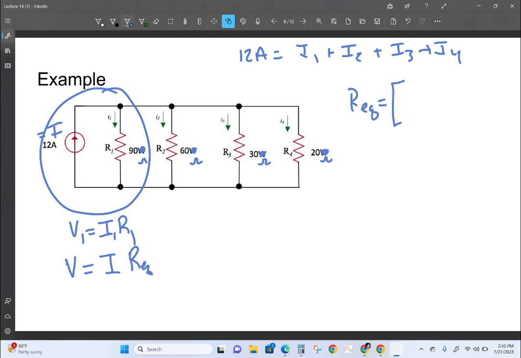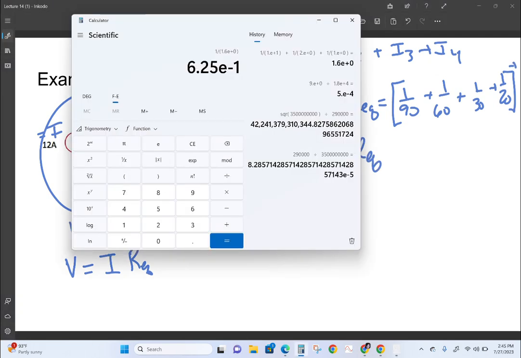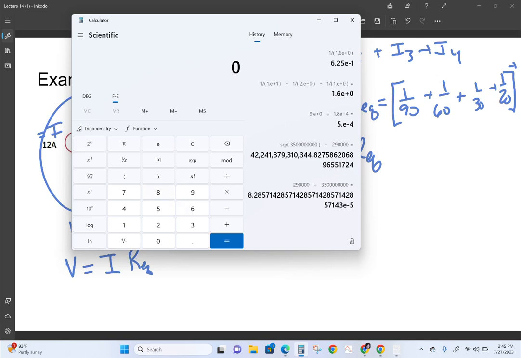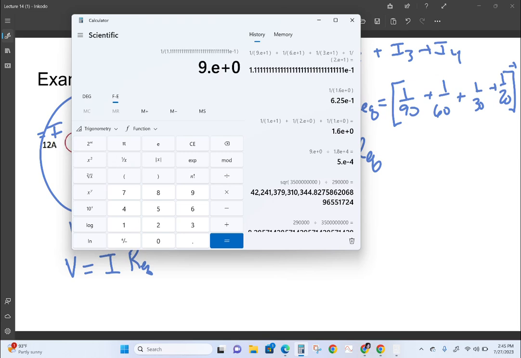REQ equals 1 over 90 plus 1 over 60 plus 1 over 30 plus 1 over 20, and then we're going to take the inverse of that. So 1 over 90 plus 1 over 60 plus 1 over 30 plus 1 over 20 equals, and then take 1 over that.